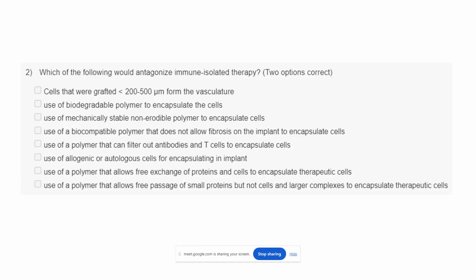Okay, we have our next question here. Which of the following would antagonize immune isolated therapy? You have to select two correct options here.